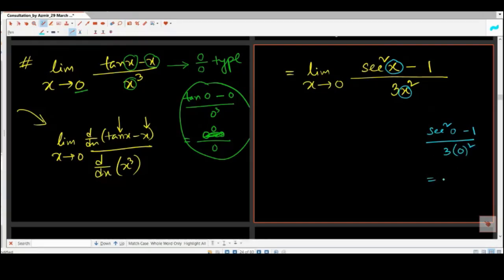Secant squared 0 means 1 over cosine squared 0, minus 1, and in the denominator we have 3 times 0, that is 0.